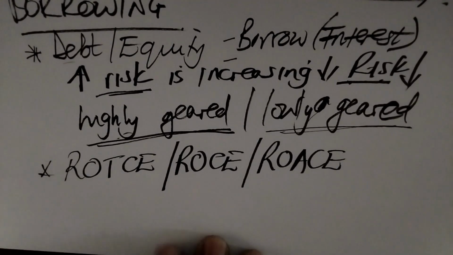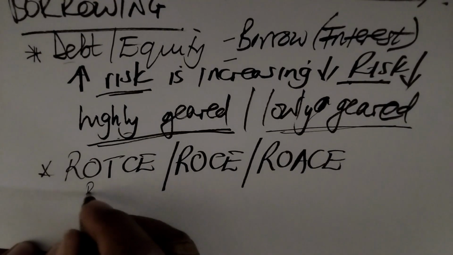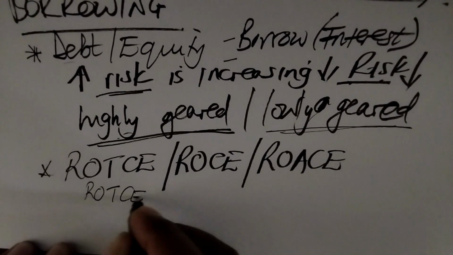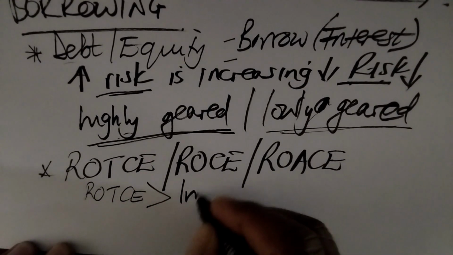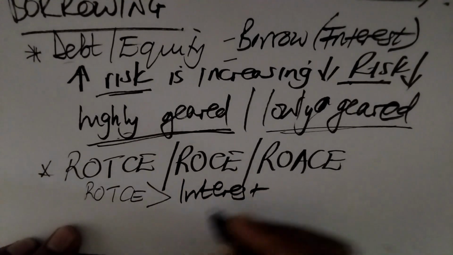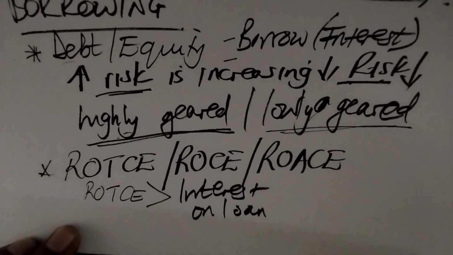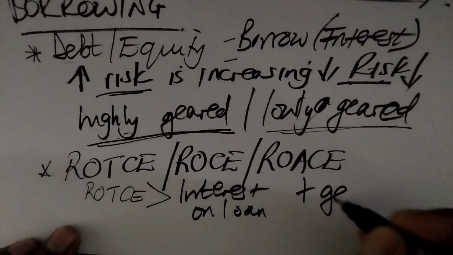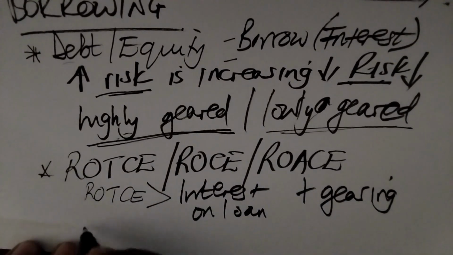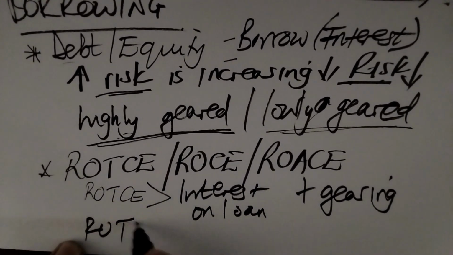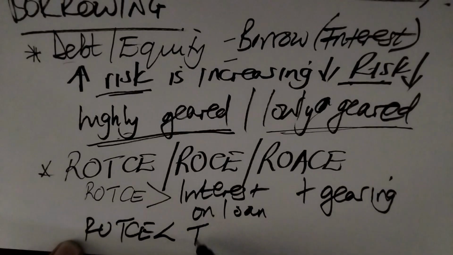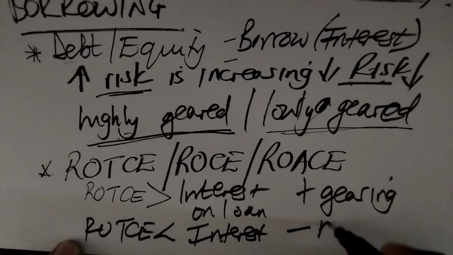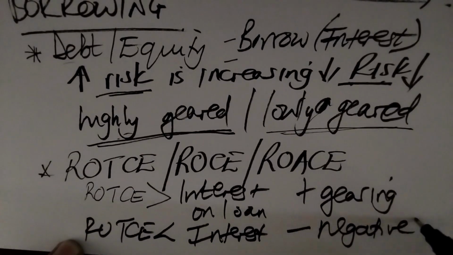It shows you whether the gearing is going to be positive or negative. So if your return on total capital employed is more than interest on loan, we say the gearing is positive. But if your return on total capital employed is less than interest on loan, we say the gearing is negative. That's what it means.